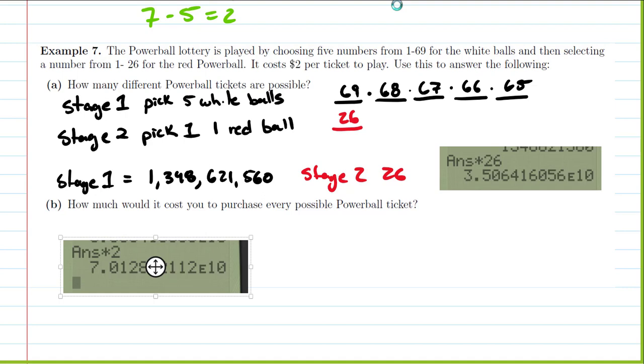All right, so I want everyone to think on this for just a second and decide, did we do this right? Because this is the hardest part about counting. What did we just do? And did we actually count what we think we're counting? So think about it for a second.